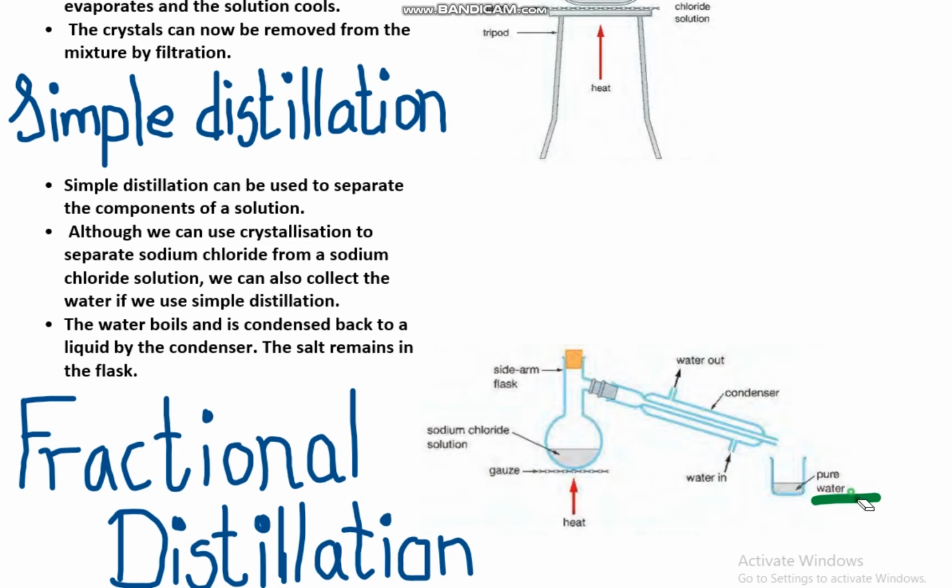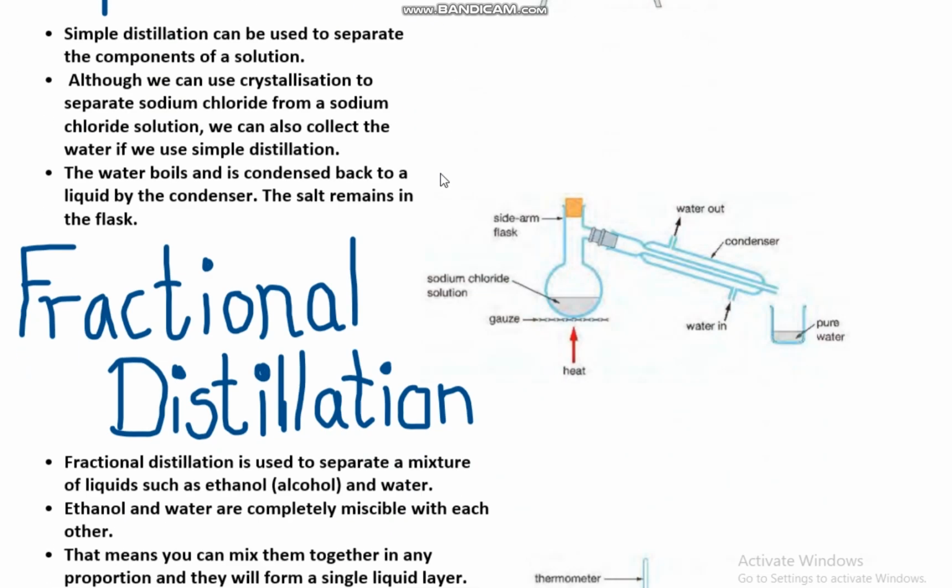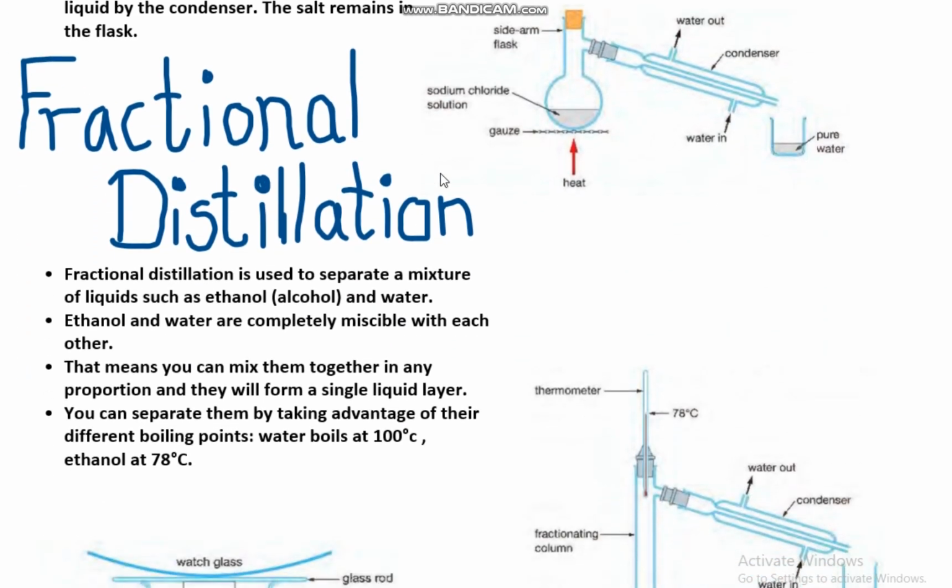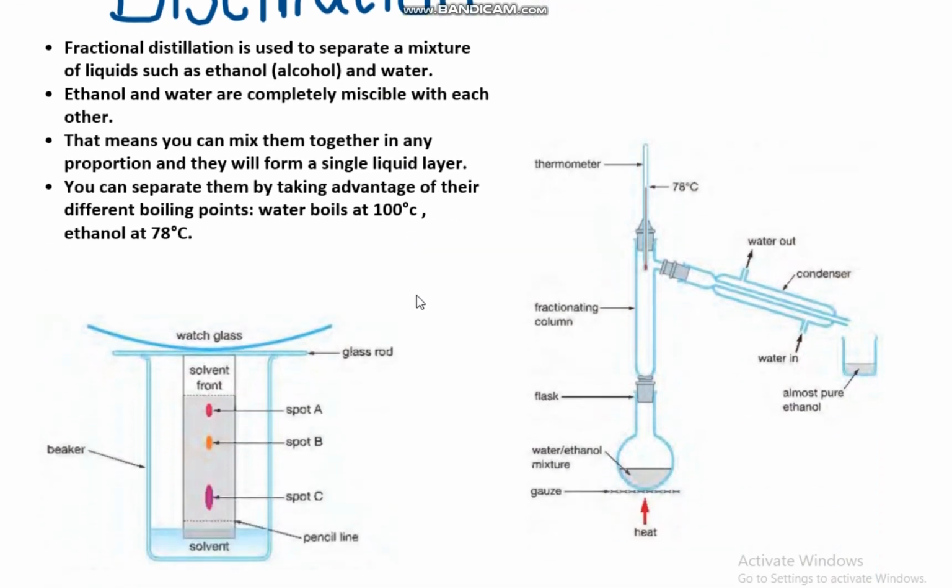And then we have fractional distillation, where we can separate a mixture of liquids such as ethanol or alcohol and water. Ethanol and water are completely miscible with each other, meaning we can mix them in any proportion we want, and they form a single layer. And then we can separate them by using the boiling points to our advantage.